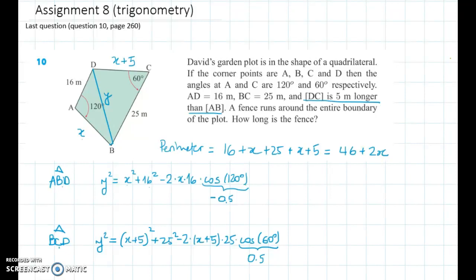But for now, you could just have done it with the calculator, and that was totally fine. So moving on to simplify a little bit the equations we have over here. We have x squared plus 16 squared, and then this 2 over here is going to cancel with the 0.5. If we multiply 2 by 1/2, that's 1.